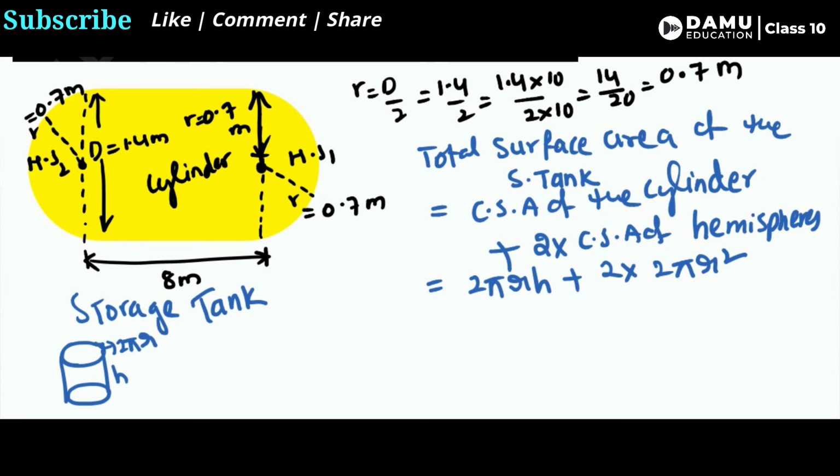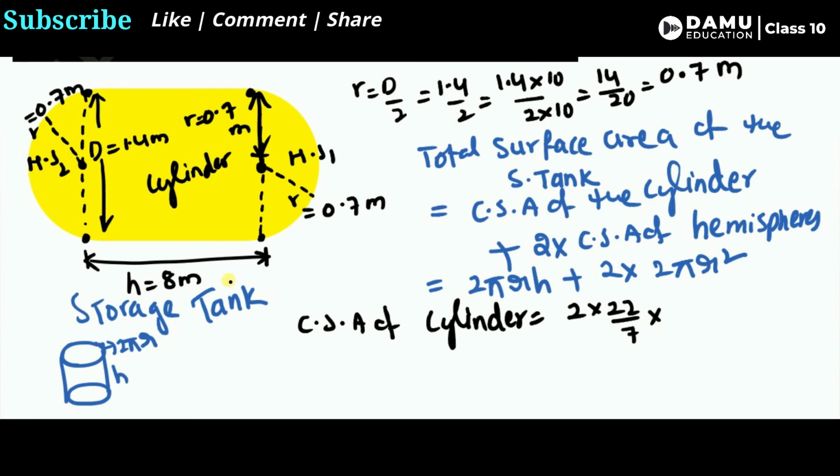First find the curved surface area of the cylinder. The cylinder height will be equal to 8 meters and the radius will be equal to 0.7 meters. So 2 pi, 22 by 7, into r, which is 0.7, into h, which is 8 meters.